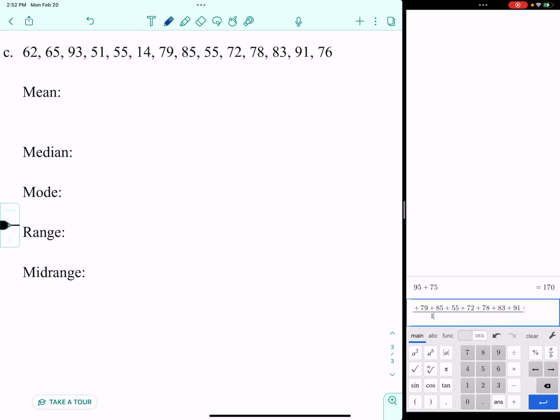There are 14 in our data set this time. That gives me an average of 68.5.